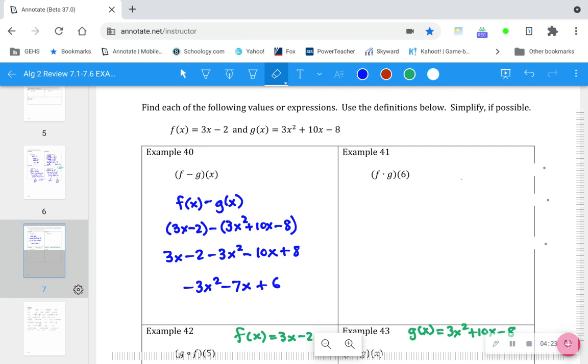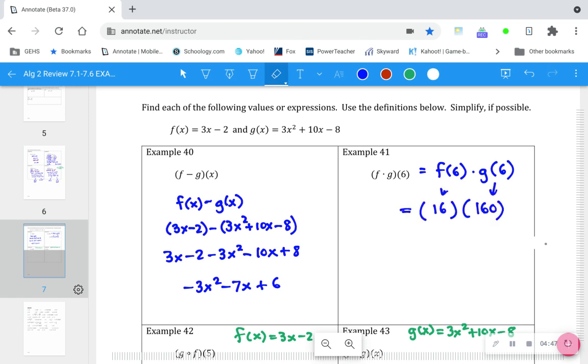A similar problem, except now it's f times g of x, but it's actually got a value of 6 that we're going to plug in. So this is f of 6 times g of 6 is what that means. So when you plug 6 into this function, you'll get 3 times 6 minus 2, and that gives 16.